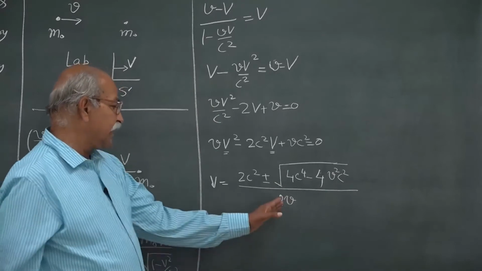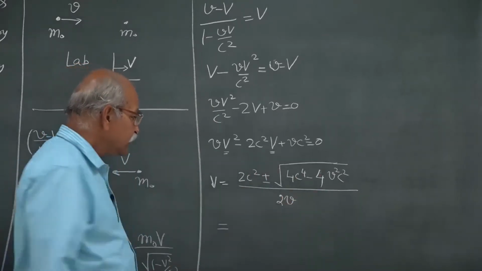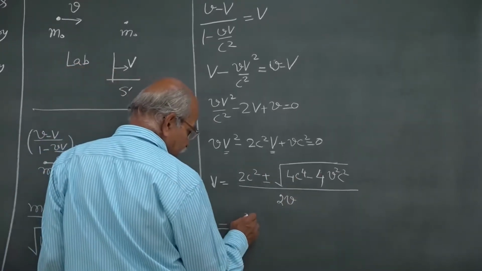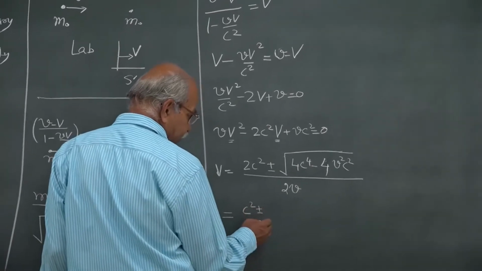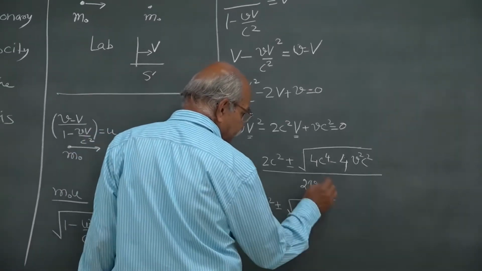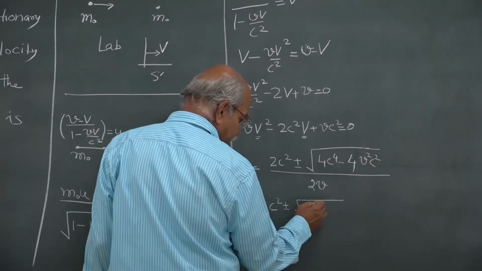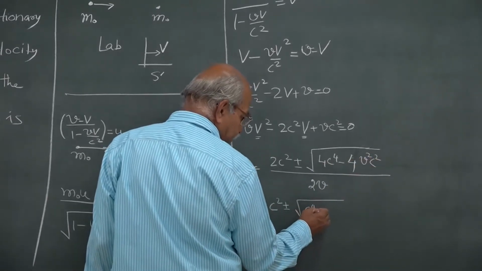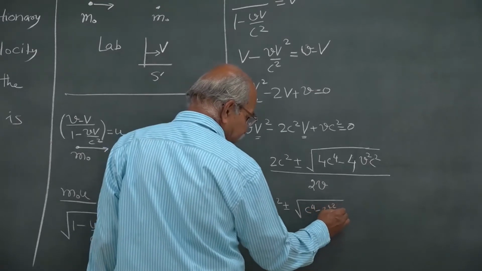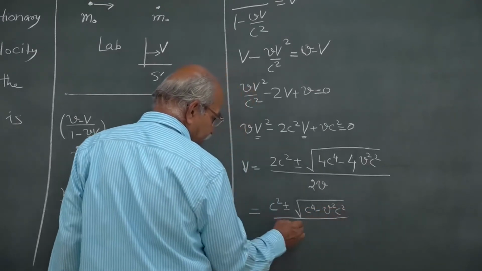First you can cancel this 2 from everywhere, and this will be c square, and then plus and minus square root of c to the 4 minus v square c square, divided by v.